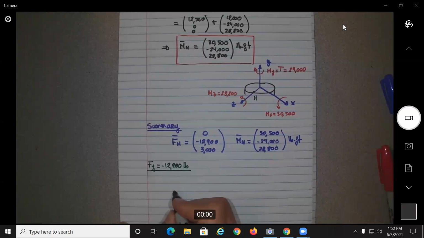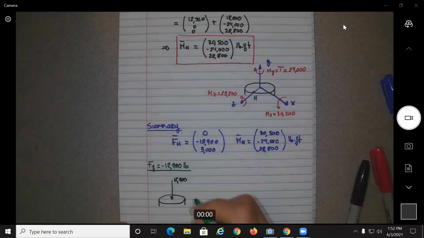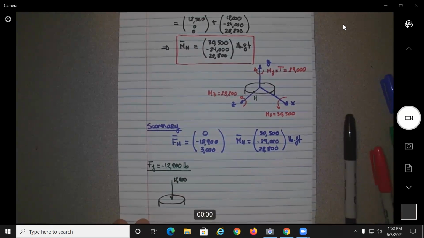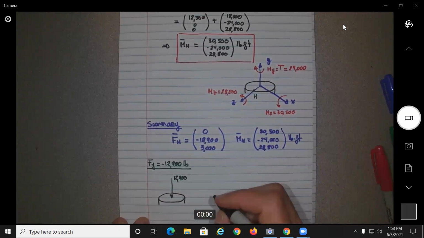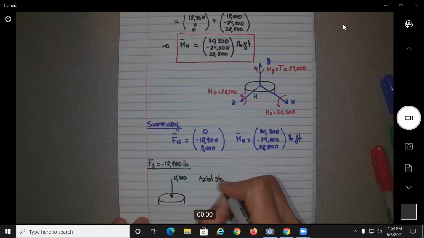So if we do the figure for that one, like I did before, if you can look at the other one, we have this one going in that direction. So what type of loading is this creating? It's creating axial stress, which will be equal to what?